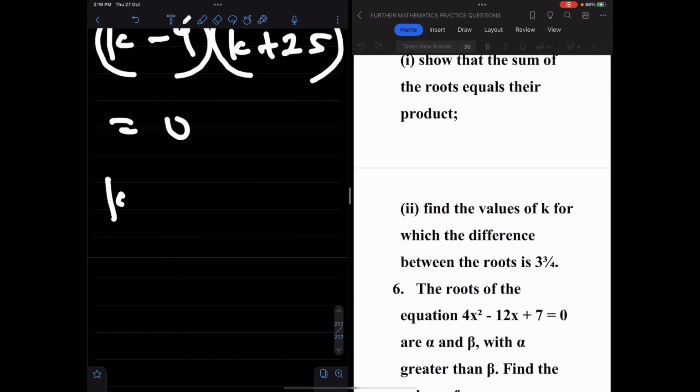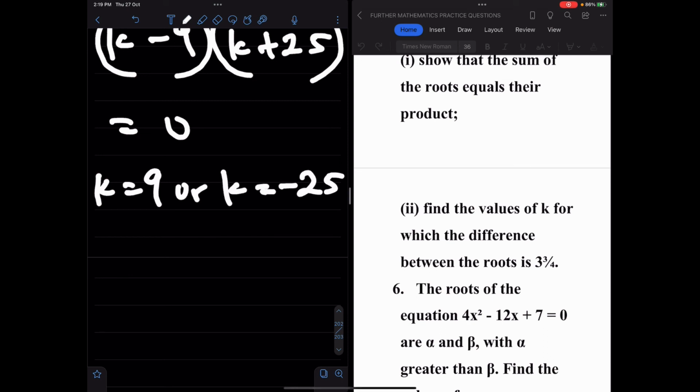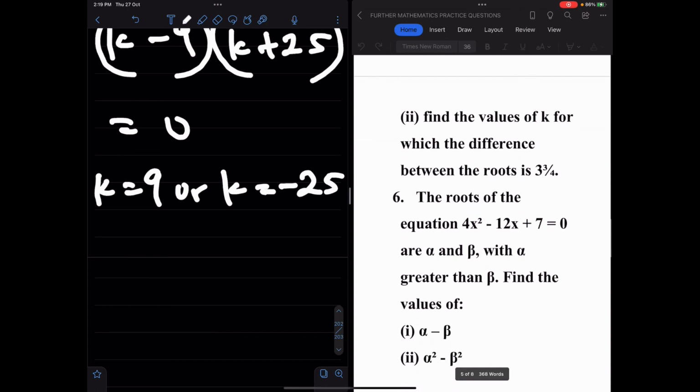And this simply means k equals 9 or k equals minus 25. And that's the answer, very simply.